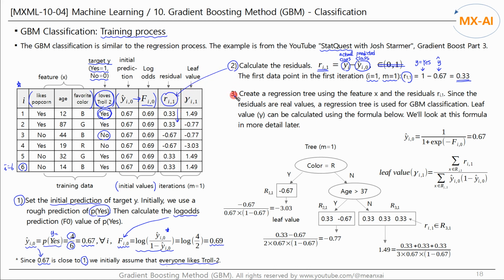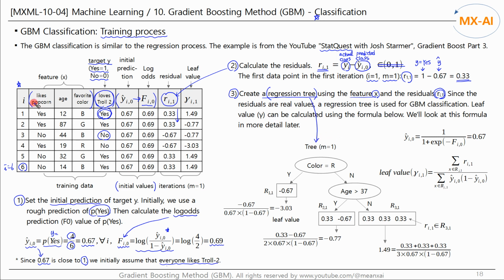In step 3, we create a regression tree model and fit this model to the features X and the residuals R. We are doing classification. But since the residuals are real values, we need to use a regression tree. Let's assume the generated tree is as follows.